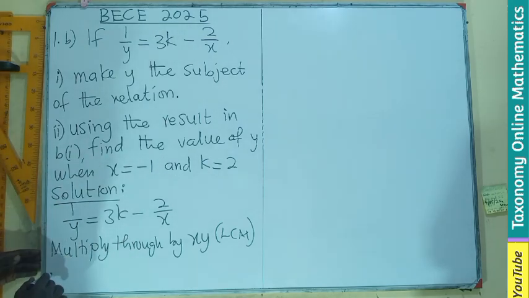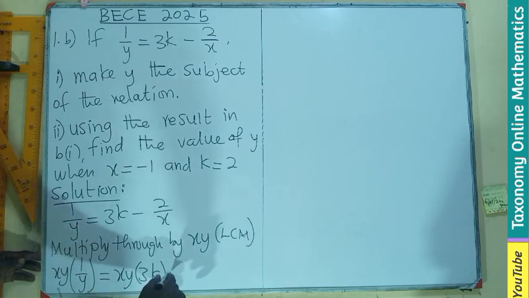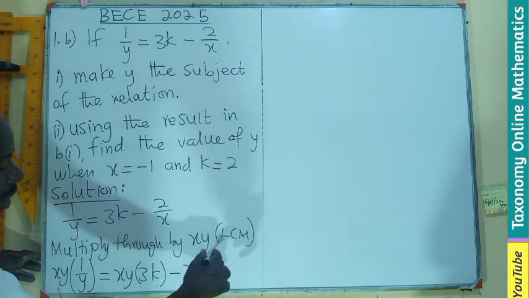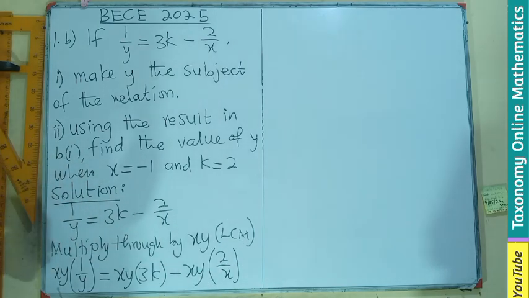So I can have my xy multiplying, let me use bracket here, 1 over y, equals xy multiplying 3k minus xy multiplying 2 over what? x. The motive of multiplying is to cancel the denominator.